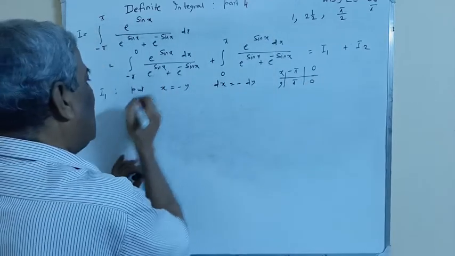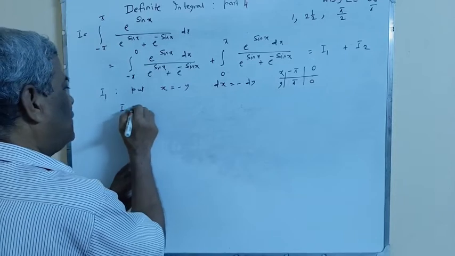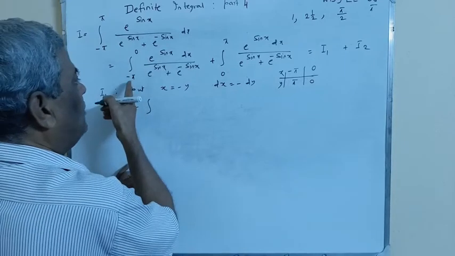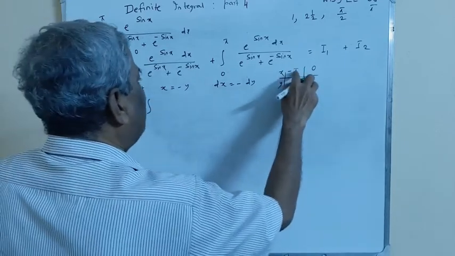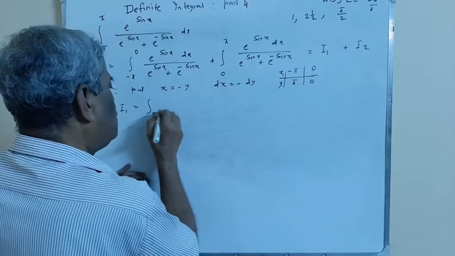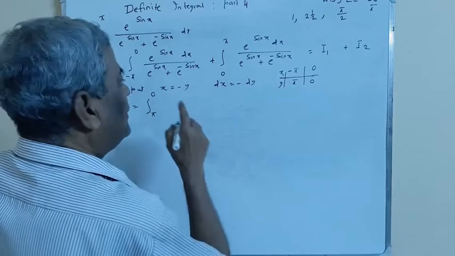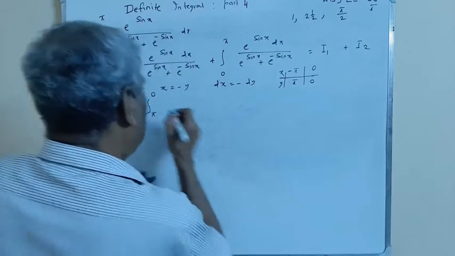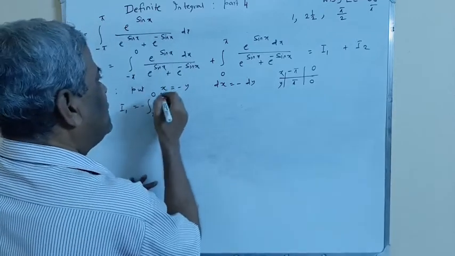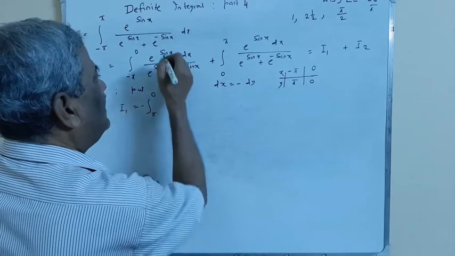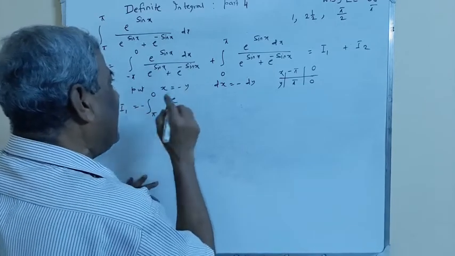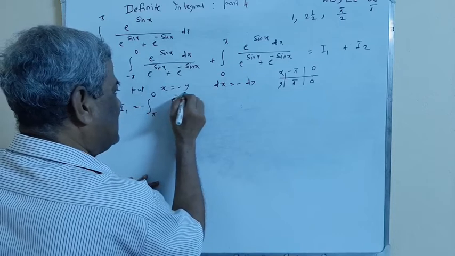So I1 is equal to, limit is when minus pi, it is pi, so pi to 0. Then dx is equal to minus dy.